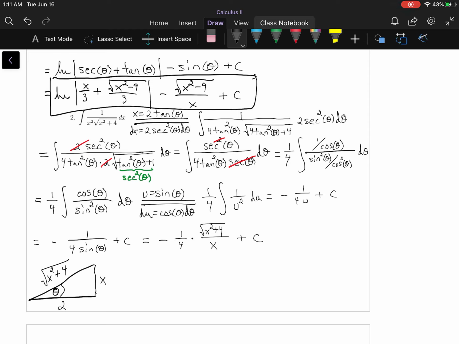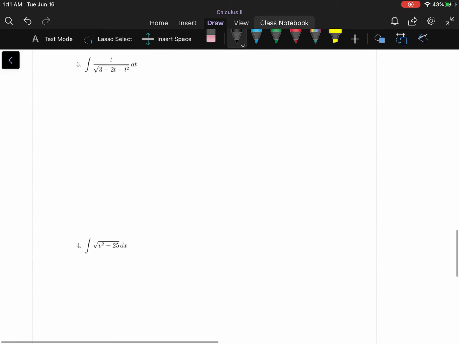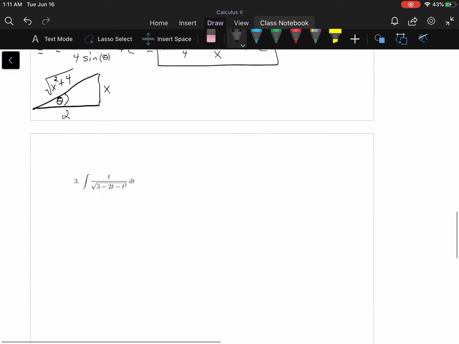And we still have our plus c lingering. And this is our answer to this second problem here. Let's look at number 3.